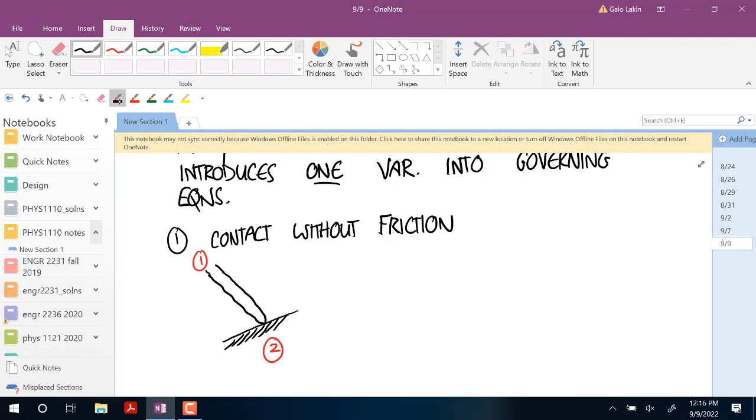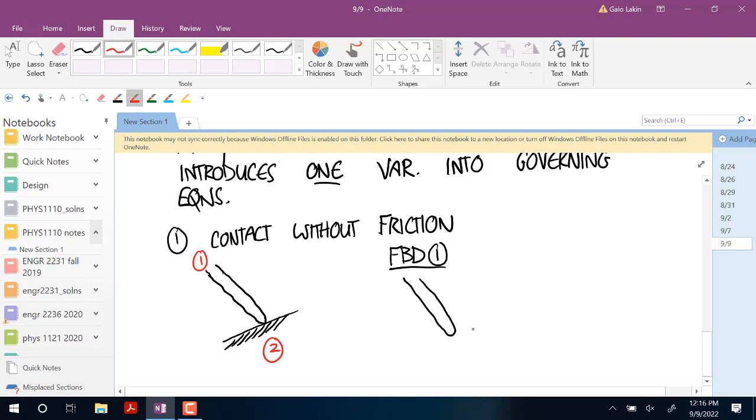It's always going to apply a force vector to your chosen body that's toward the chosen body and perpendicular to the surface of contact. So a free body diagram, or a part of a free body diagram of body 1 would look like this.